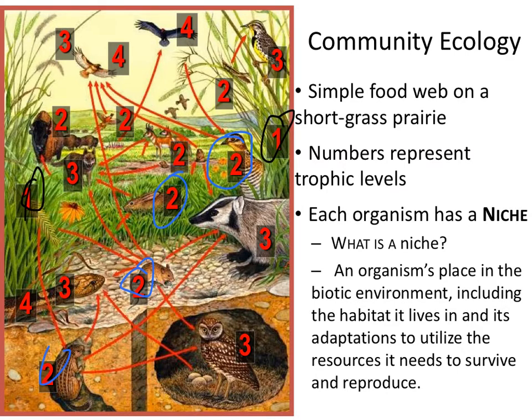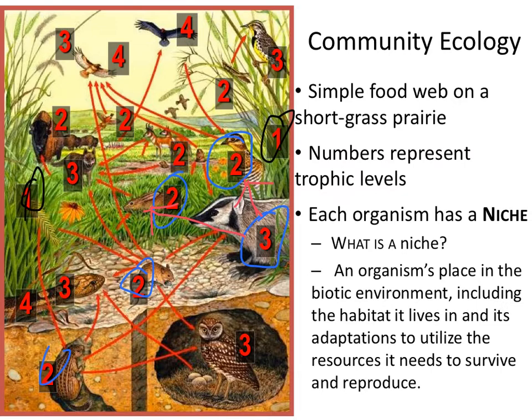Then there's the next trophic level at 3. And what these animals do is they prey on the primary consumers. Right? So this badger might eat this guy, or it might eat the bunny rabbit. And it is still relying on the primary producers, but it's actually an indirect interaction.